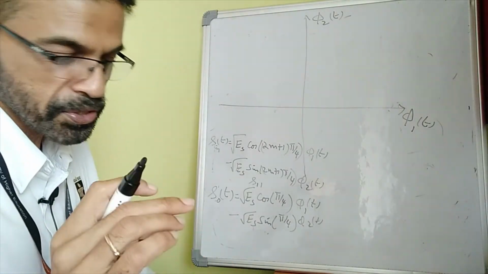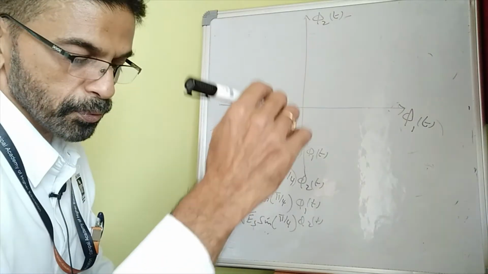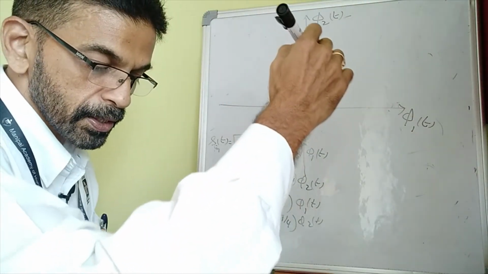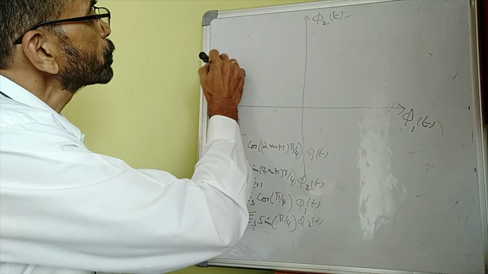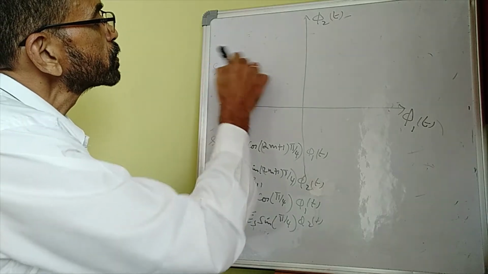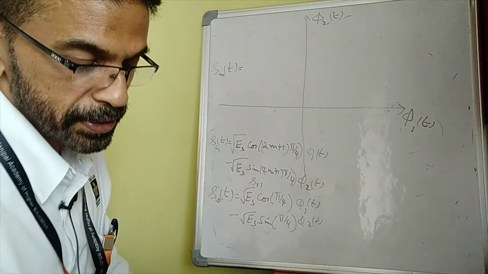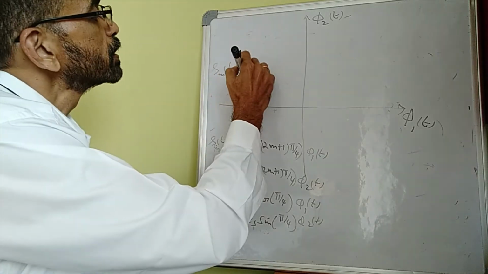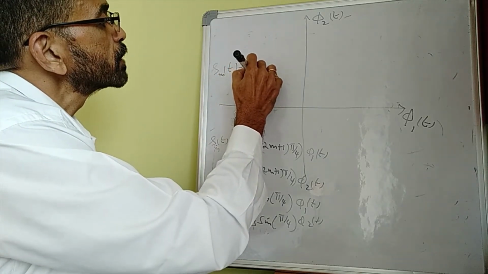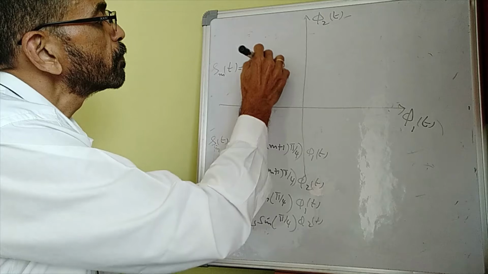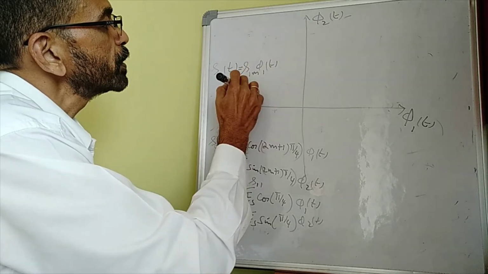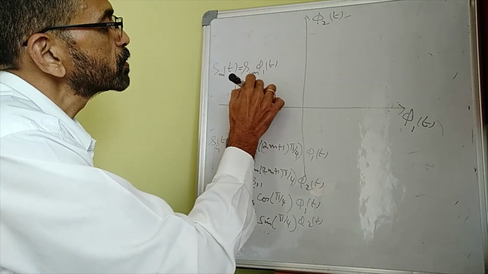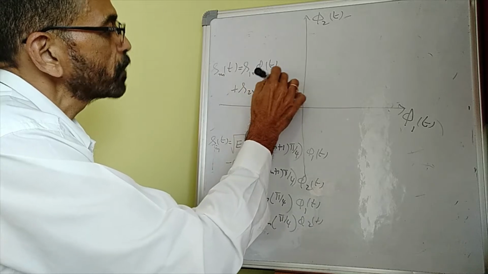So the inconsistency is that when I wrote in the previous, a short while ago, I wrote it like S1m phi 1(t) plus S2m phi 2(t).